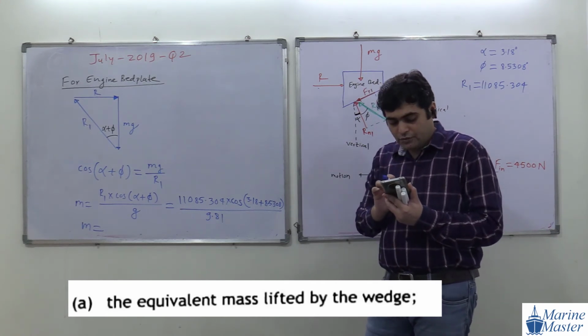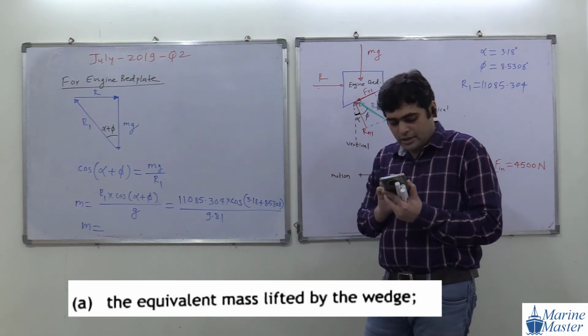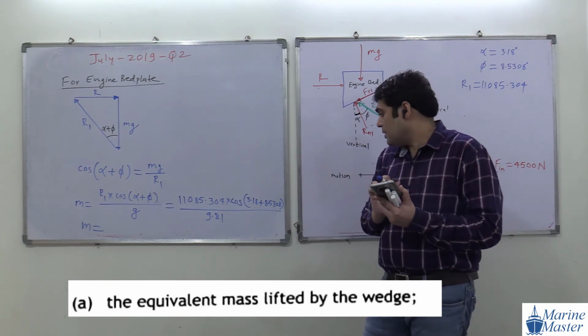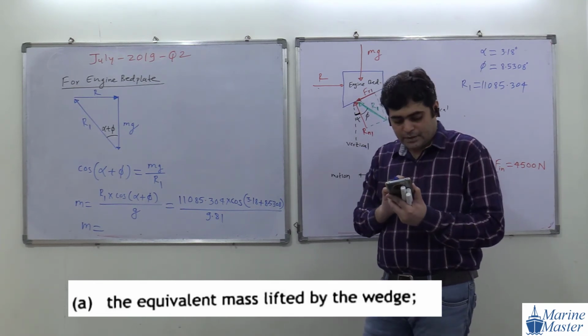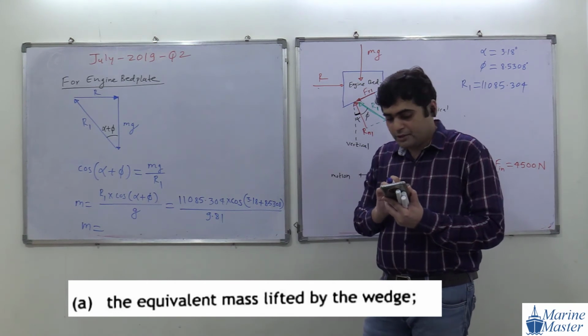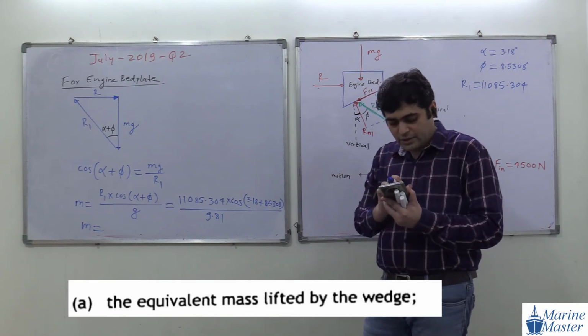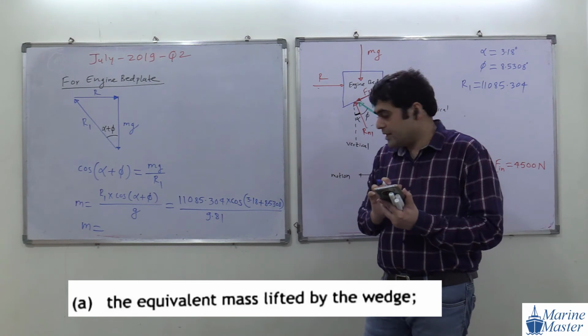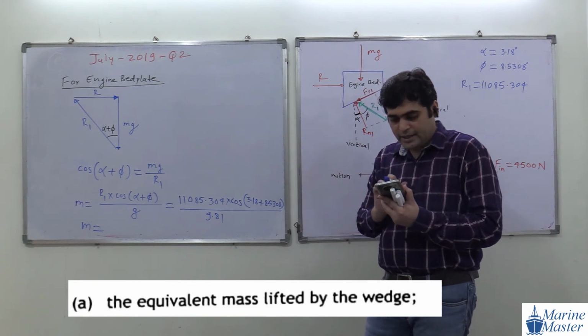11085.304 into cos of 3.18 plus 8.5308 divided by 9.81.